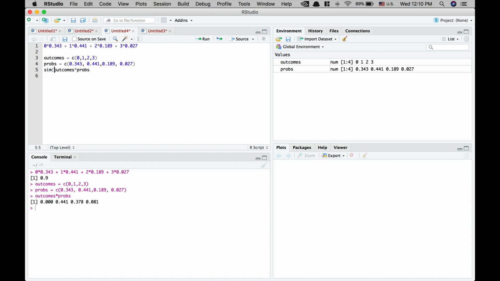Of course, you want to sum them up in order to get the population mean. And here you go, it is 0.9, which is consistent with what we got before. Although this does not necessarily make this question much easier, it shows you how to use vectors in R and how to do vector operations.